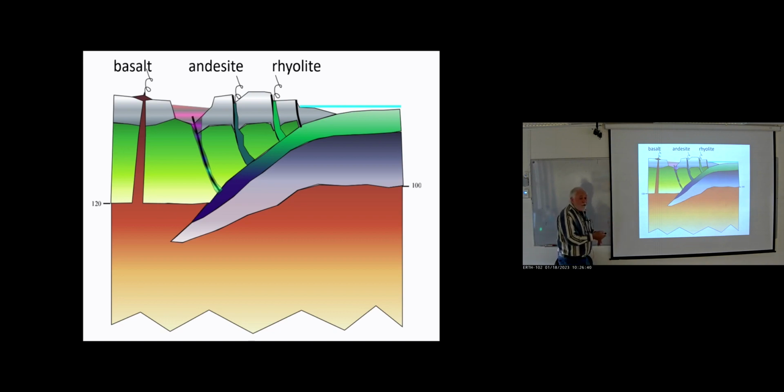Therefore, the lithology will be different, and we'll get rhyolites here and andesite here, and when you're out of the subduction system and you get some material coming from the upper mantle to the surface, you get results.